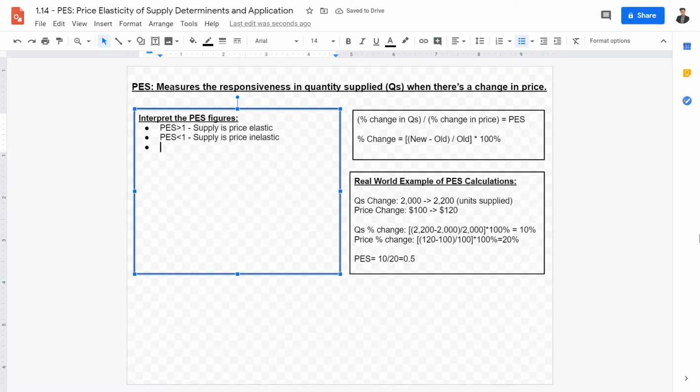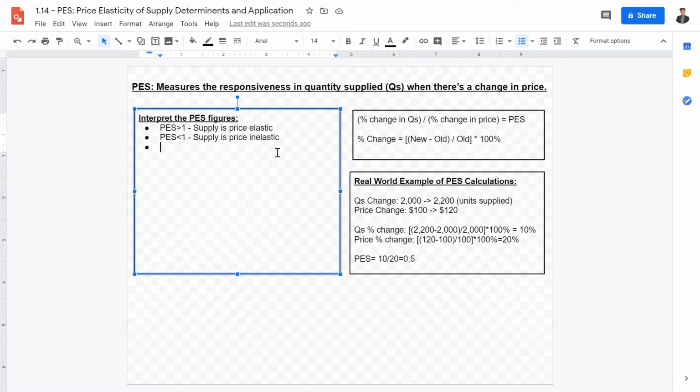Price elastic means that changes in price will have great impacts on the quantity supplied. However, when PES is less than 1, supply is price inelastic, and inelastic basically means that changes in price do not affect the quantity supplied as much.